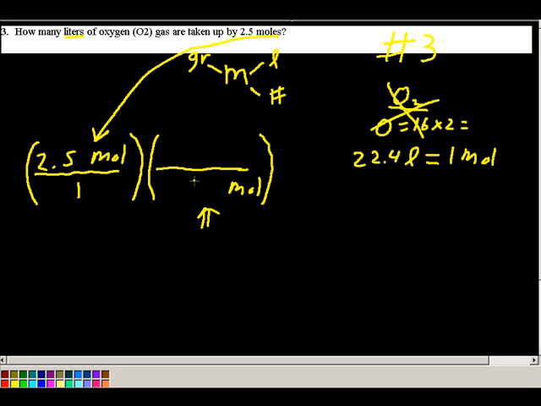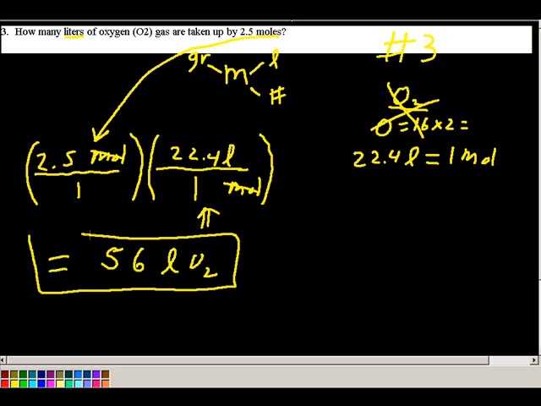So I'm going to use my unit ratio, which is 1 mole equals 22.4 liters. My mole cancellation takes place. I multiply it out, and I get 56 liters of O2.